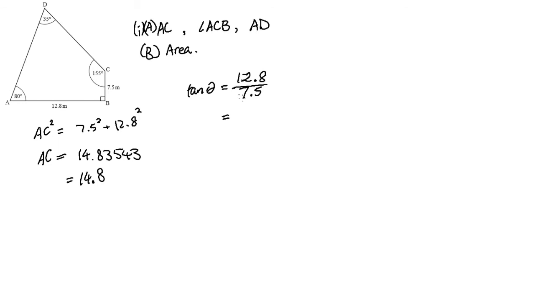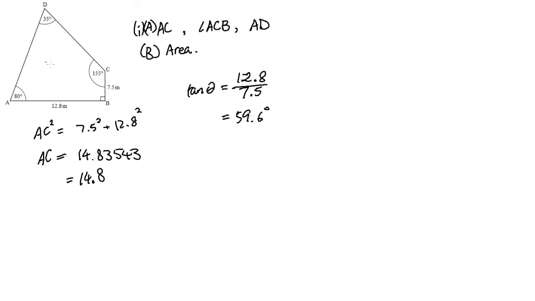And so on my calculator, arctan of 12.8 divided by 7.5 is 59.6 degrees, 3 significant figures.